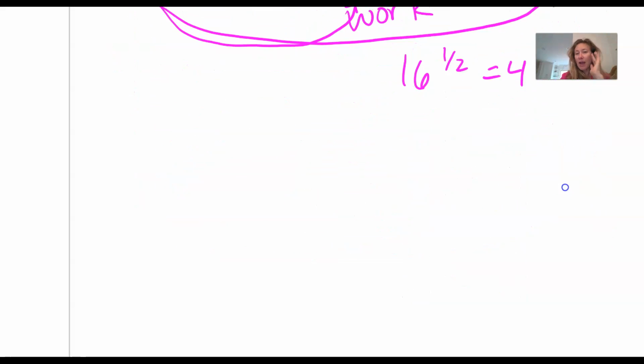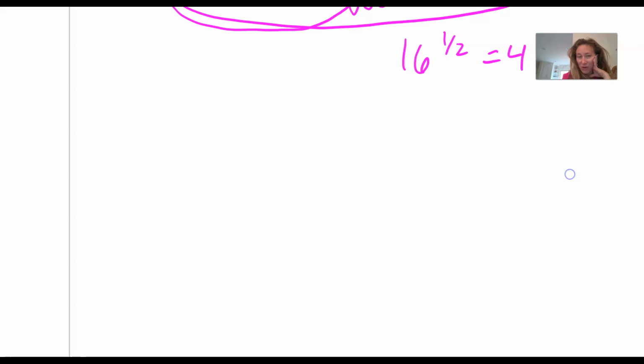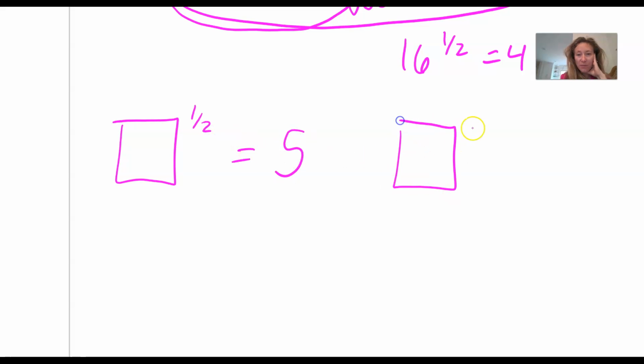So I'm wondering, is there another number that this might work for? This number to the 1/2 power is equal to 5, or this number to the 1/2 power is equal to 6. Hopefully you thought of 25 and 36.